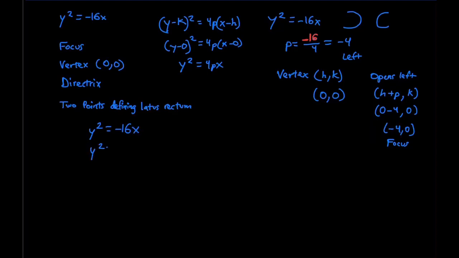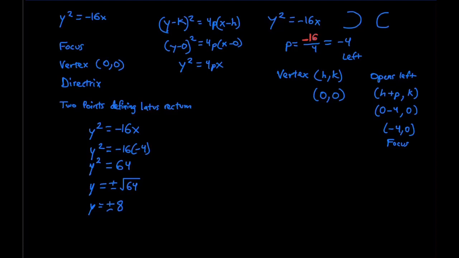And so you leave the y squared by itself, you leave it the same. Put the negative 16 times negative 4. This turns into positive 64. And then you go ahead and find the square roots of this. You do the plus or minus square root of 64, which means that it's plus or minus 8.